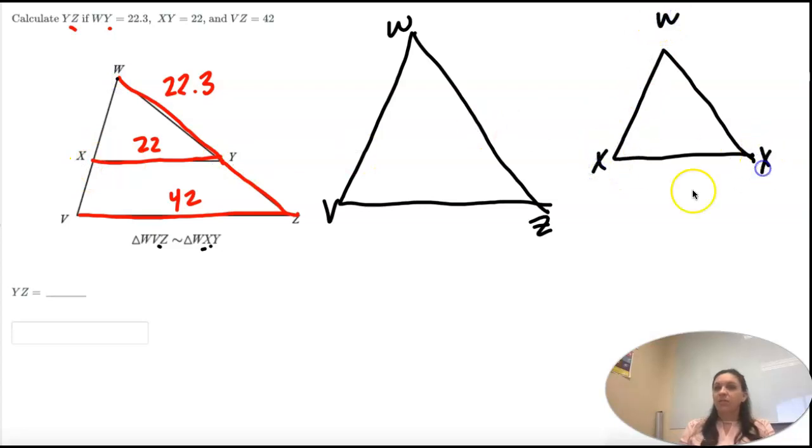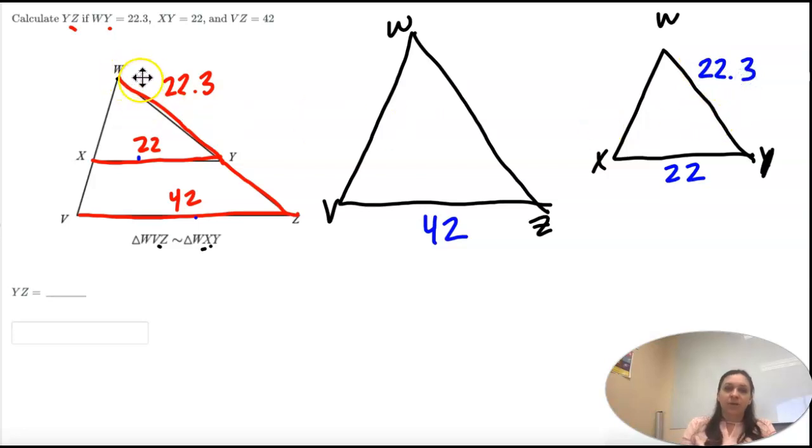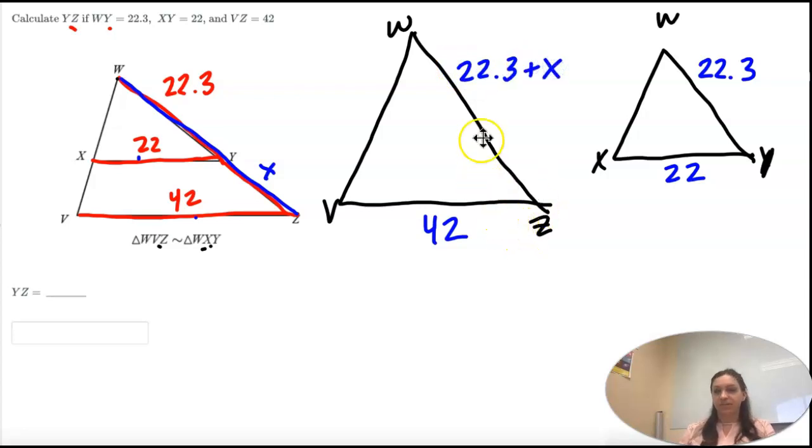So I like to draw them separate just so we can line up the sides. Okay, so I have the bottoms, 42, 22, those go together. And then the side of the smaller one is 22.3. And we need to find this long side is going to be 22.3 plus x.